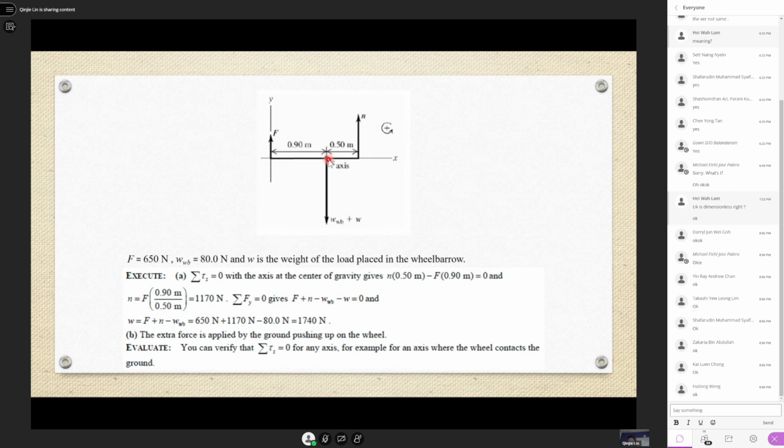At the left of it, you will have F times 0.9. Right, and the whole thing must be equal to 0. Okay, and then from here you can solve for your N, that means the normal contact force, because you already know this F is whatever you can apply, right? And whatever you can apply is just max 650, they already tell you. Okay, so N equals to 1170, that's the normal contact force.